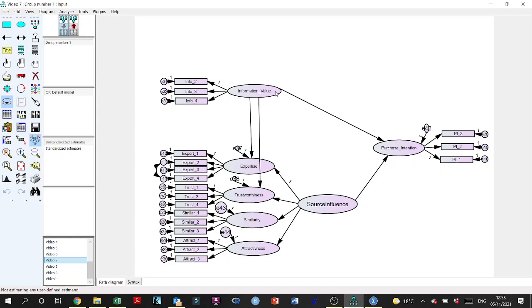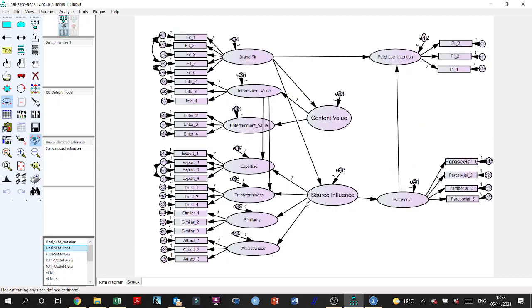So it is very interesting to see that, with the absence of brand fit and parasocial, source influence was more influential on purchase intention than the content, because the content here is affecting the source influence through the information value on expertise and trustworthiness. So this is solidifying the story that information value or content value is affecting the source influence in our context. In any case, we went back to here. Let's go back to here.